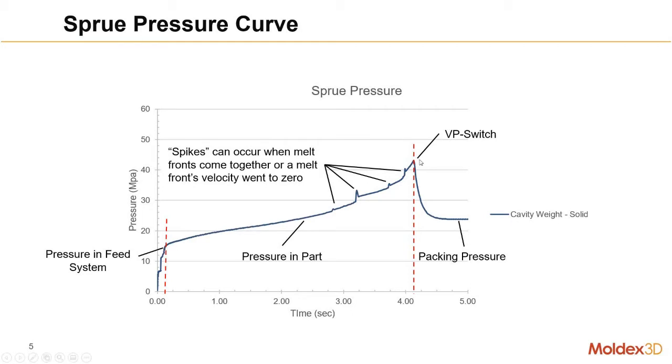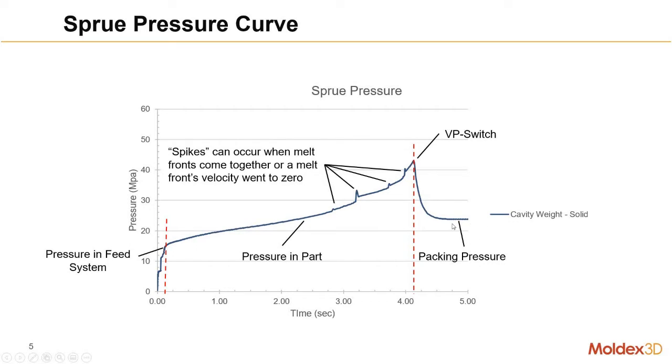After this VP switch point, we transition to the pressure that we've specified in our process. The packing pressure most of the time should be lower than the peak injection pressure, or the maximum injection pressure here. It should be lower, and you should see this decrease. That's the way processes are normally run, but it's not always necessarily the case.